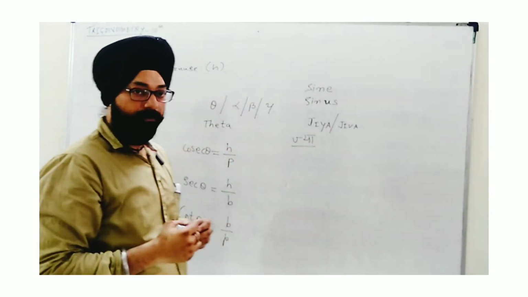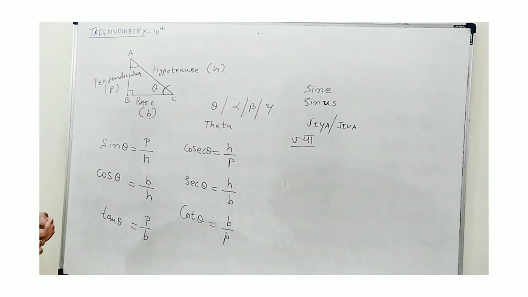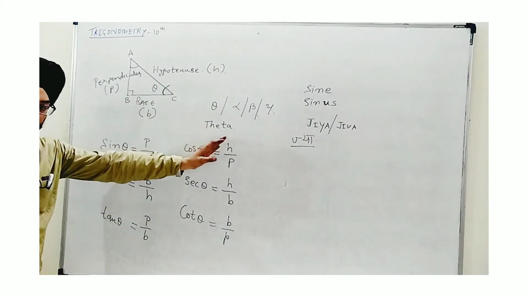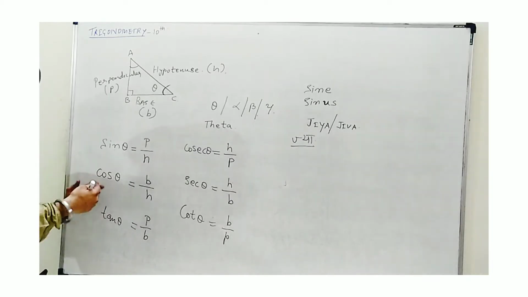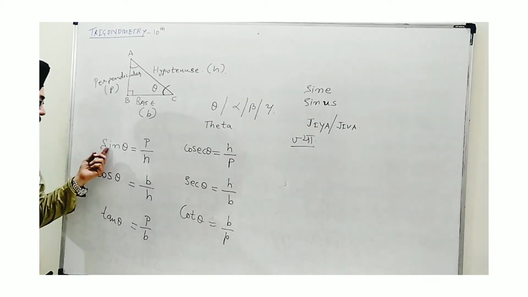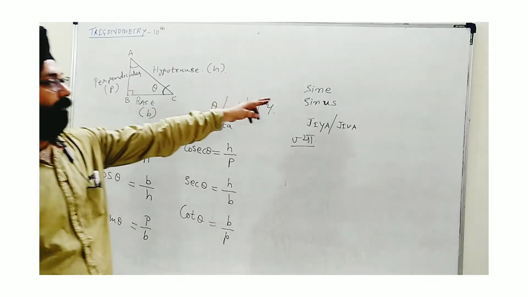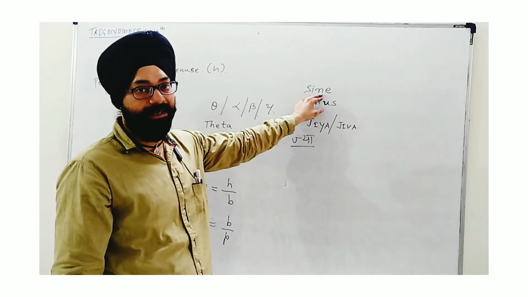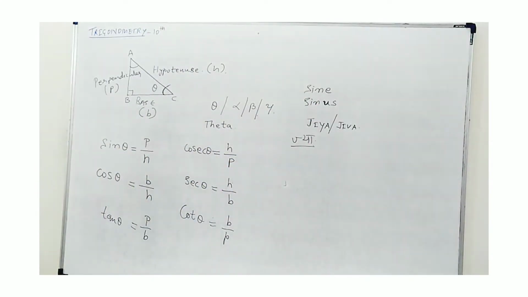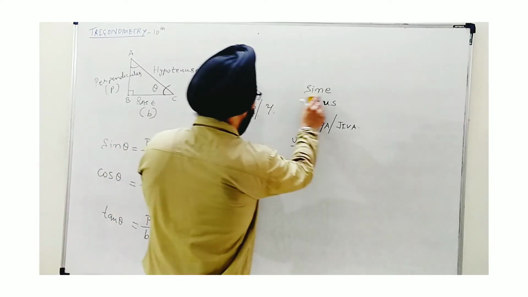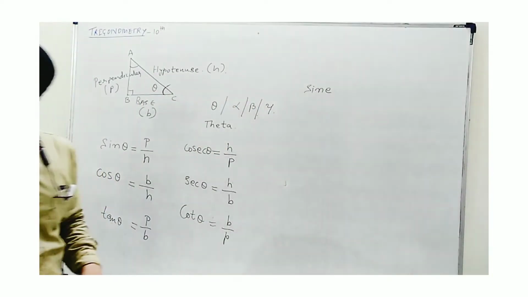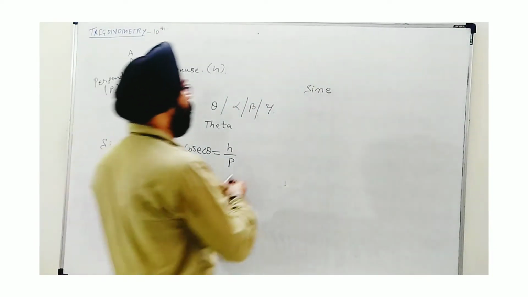So this was an additional thing I am speaking so that you can understand where it comes from. So this sin is basically the short form of SINE. And here the second one, cos. Cos is short for cosine.